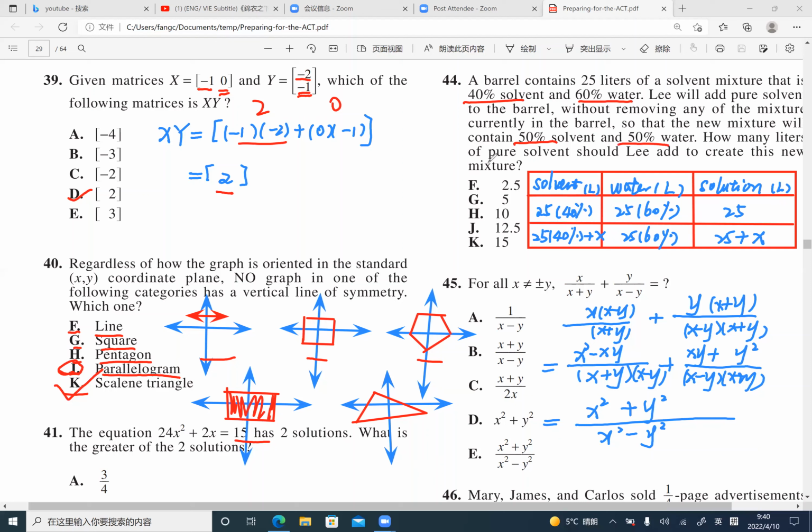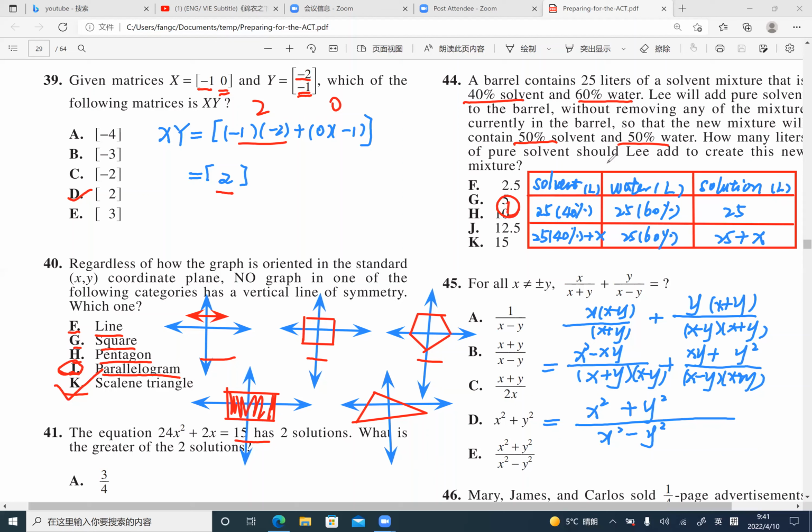How many liters of pure solvent should Lee add to create this new mixture? From the table, we can tell the first, we see the original mixture.